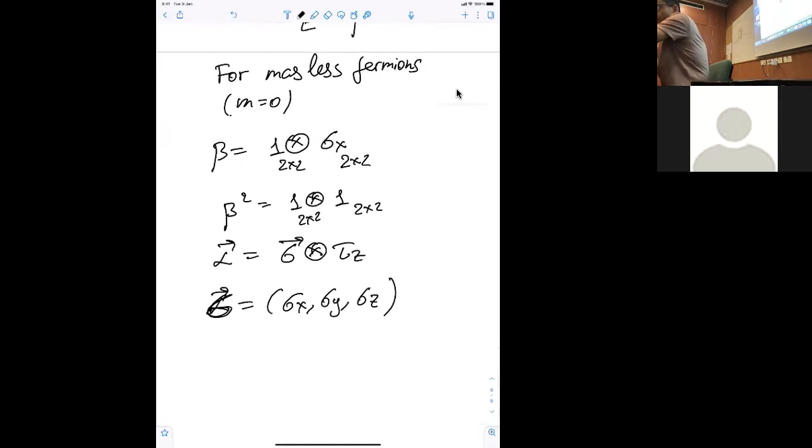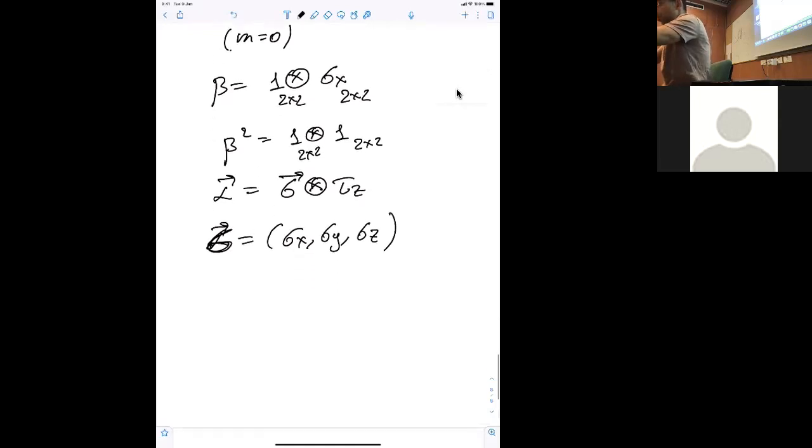Okay, so then you can notice this object, which is a product of the identity matrix with tau z, which did not appear so far, is actually the same as i alpha 1 times alpha 2 times alpha 3.